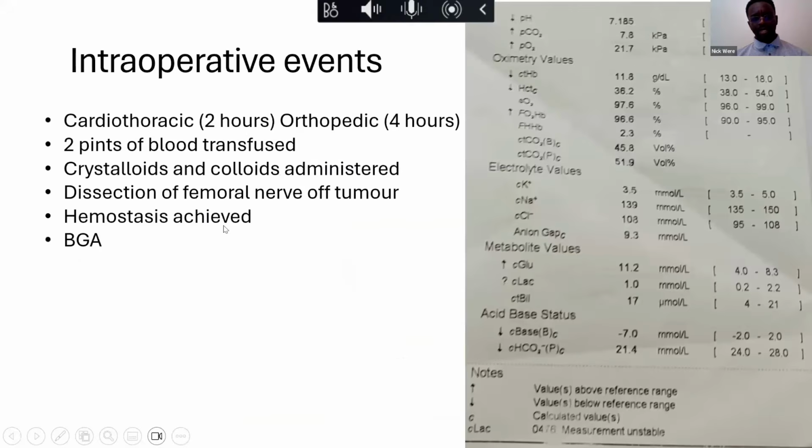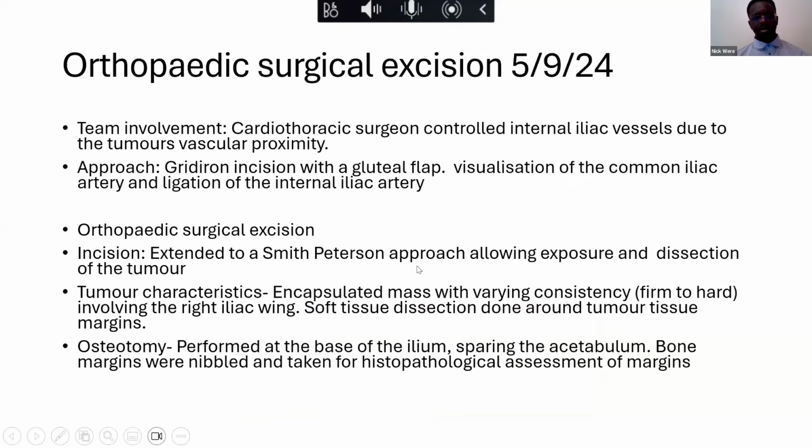And the orthopedic team came in and extended the incision down with an extended Smith-Peterson approach and dissected soft tissues all around the tumor and did an osteotomy at the root just at the supra-acetabular region. Grossly, there were clear margins, but you'll see the postoperative radiology. I think it would be interesting to discuss this.